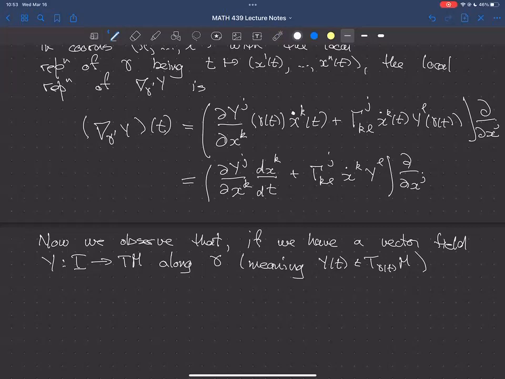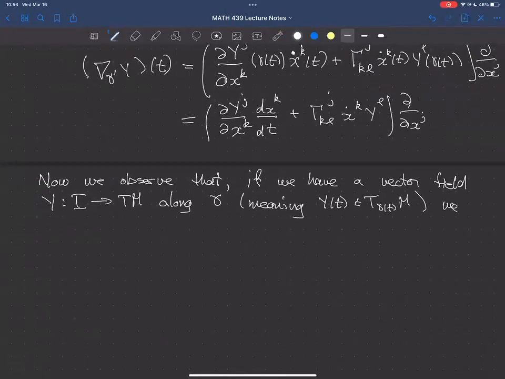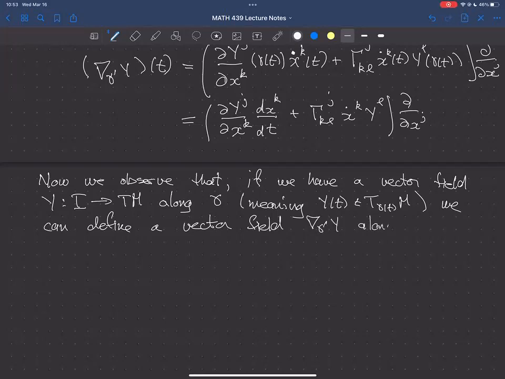So if we have a vector field y along gamma, we can define a vector field nabla gamma prime y along gamma by asking that y bar be a vector field defined everywhere now, satisfying that y bar at points along gamma equals y.